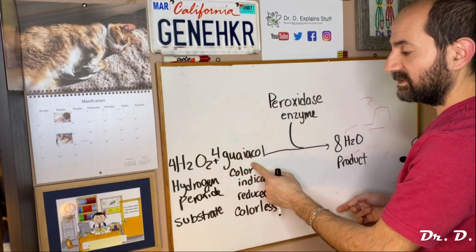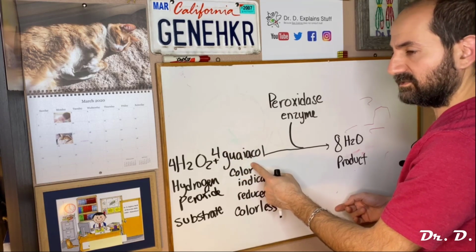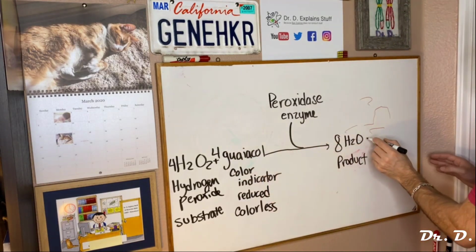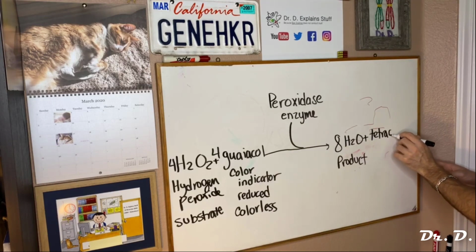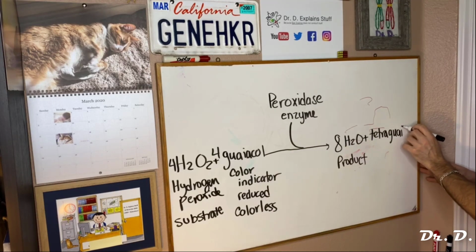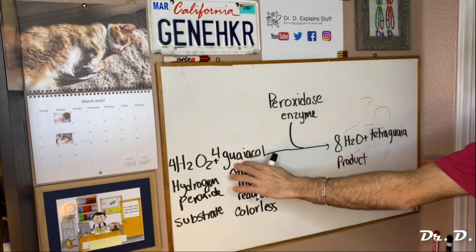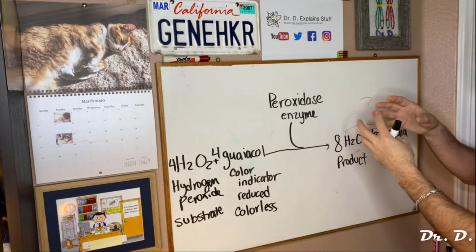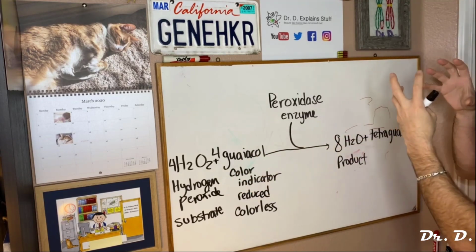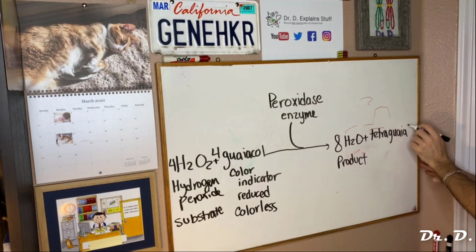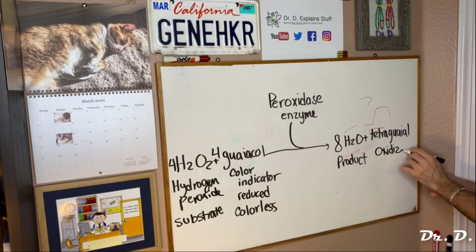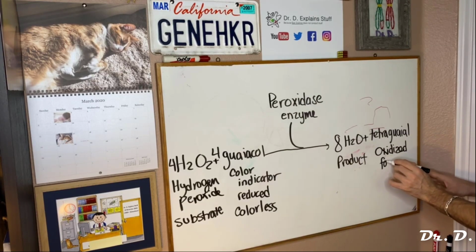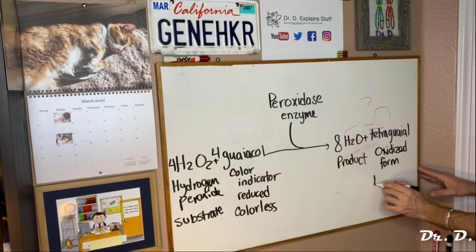That allows guaiacol to become oxidized. Guaiacol becomes tetraguaiacol. That's right. These four guaiacol come together as kind of a square. Okay, they come together as 4. Tetraguaiacol. This is the oxidized form. And this is brown.